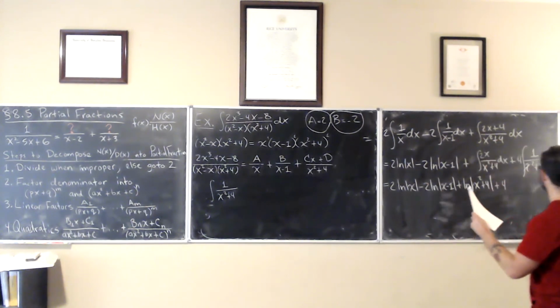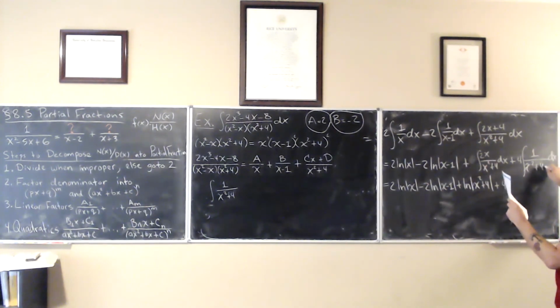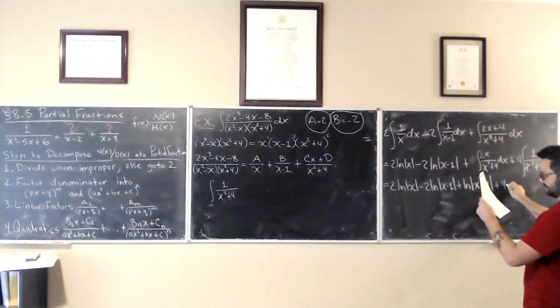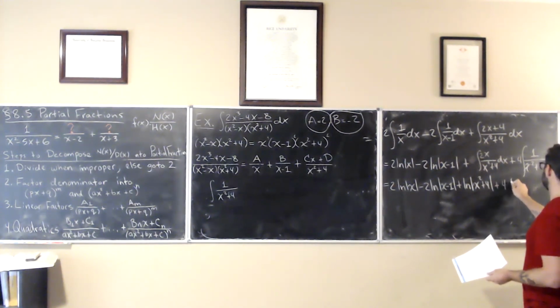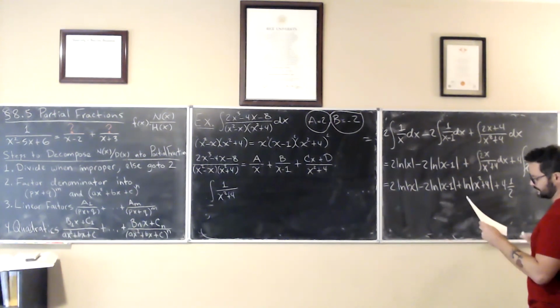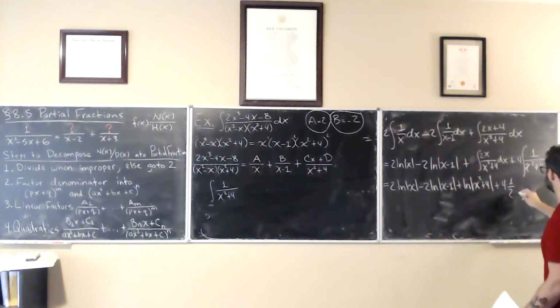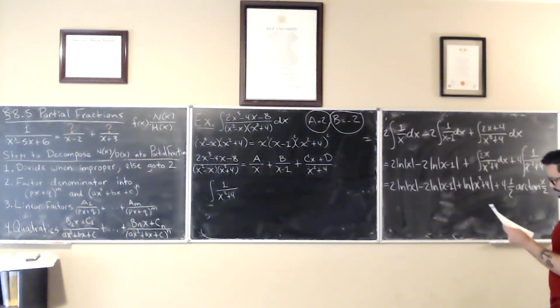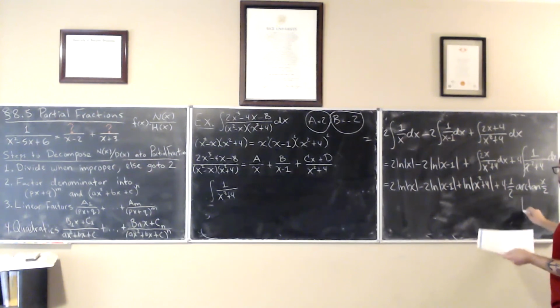So your a here is 2, and your u is just x. So this is going to be 4 times 1 over 2 arctan u over 2. So x over 2. Yeah, and then there's plus c, of course.